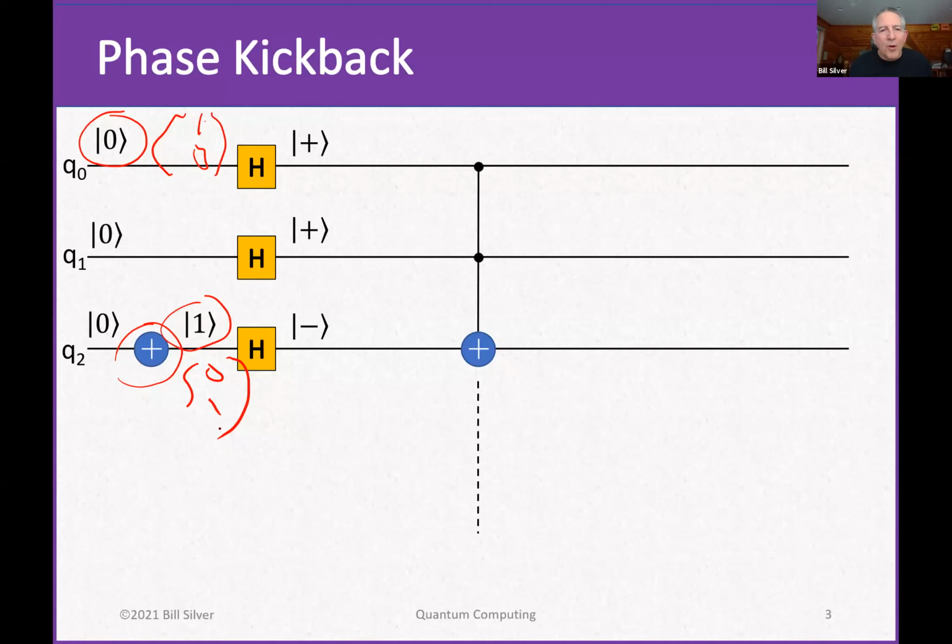Then we have these Hadamard gates. The purpose of a Hadamard gate is to turn one of the basis states, 0 and 1, into an equal superposition of the two states.